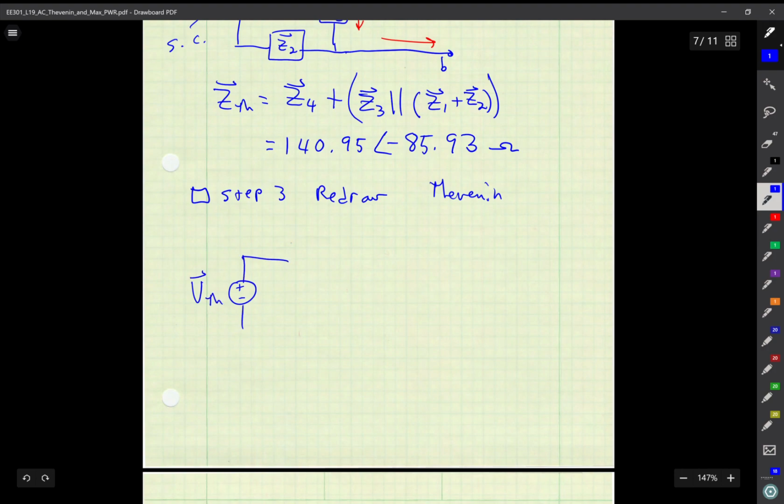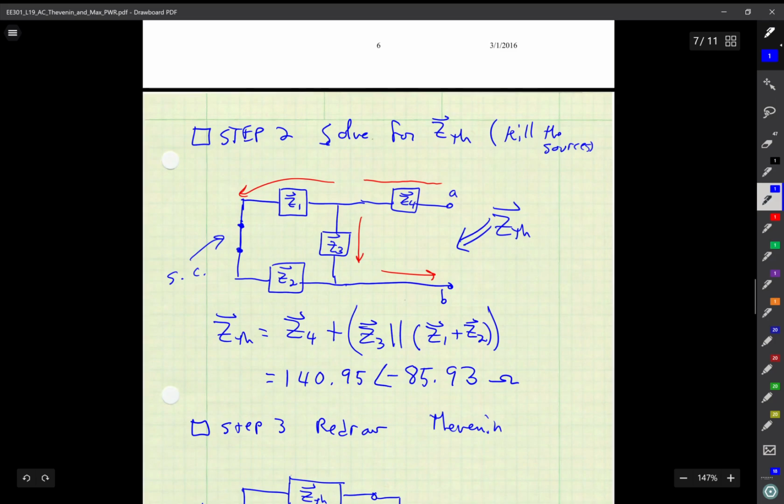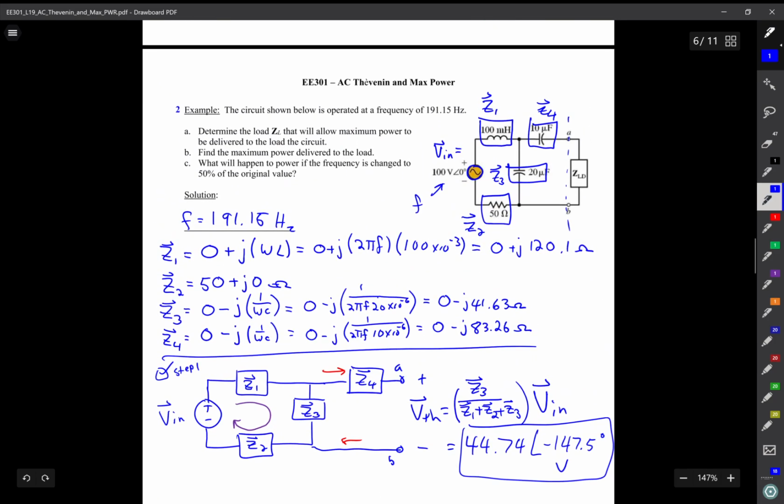And we have my Thevenin impedance, Z Thevenin. And it's connected now back to my load impedance, Z load, from the very beginning of the problem. That's this guy right here.